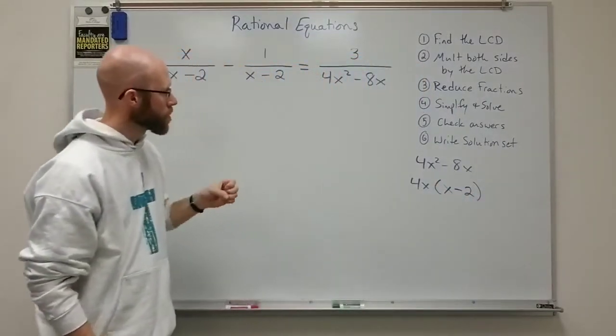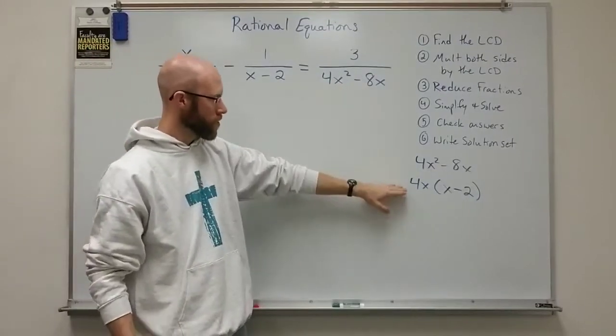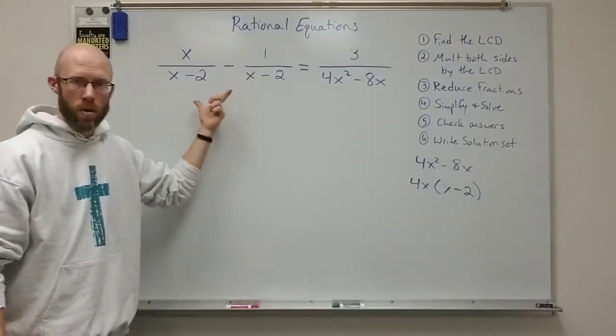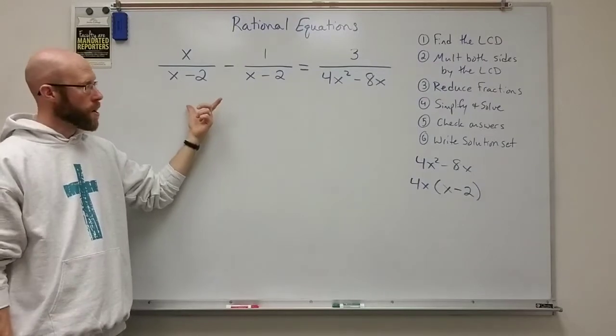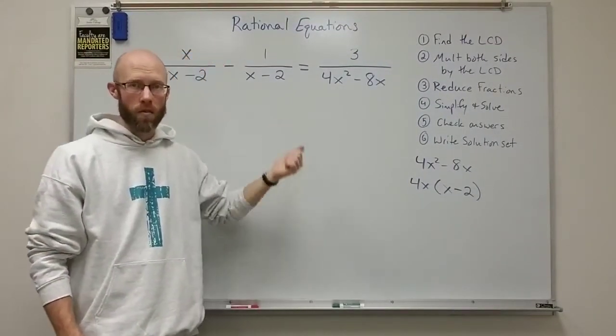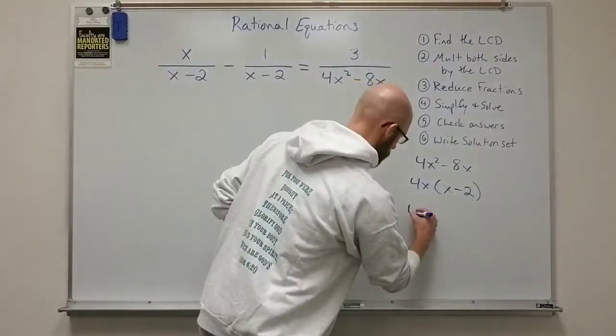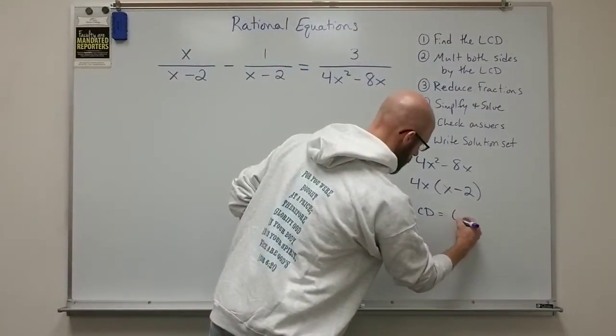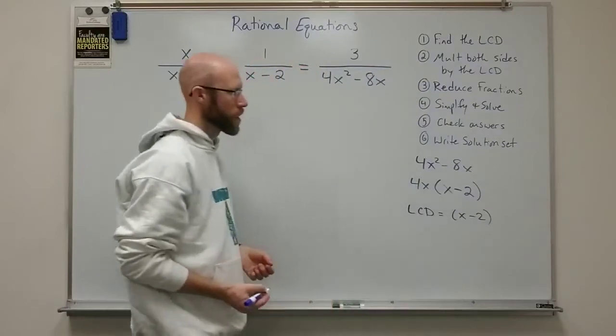Notice now, the denominator on the right is 4x times x minus 2, and the other ones are just x minus 2. Clearly the LCD is going to need an x minus 2. All of them contain that factor.